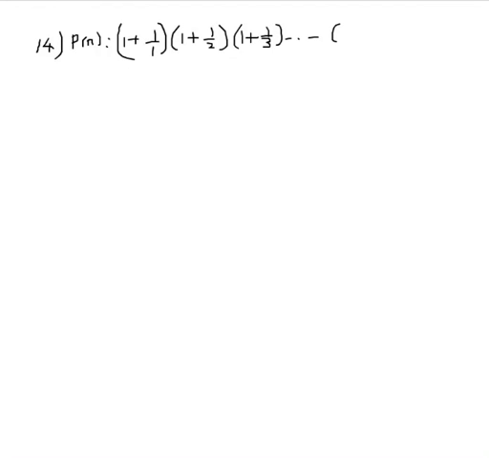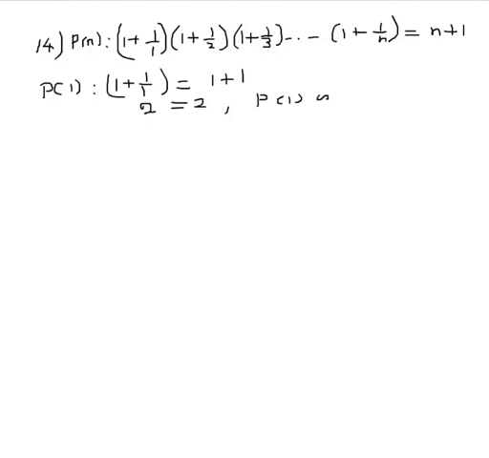Nth term is 1 plus 1 by n, and this product is equal to n plus 1. So P of 1 will have only the first term, and that is equal to 1 plus 1, so 2 is equal to 2. Therefore P of 1 statement is true.